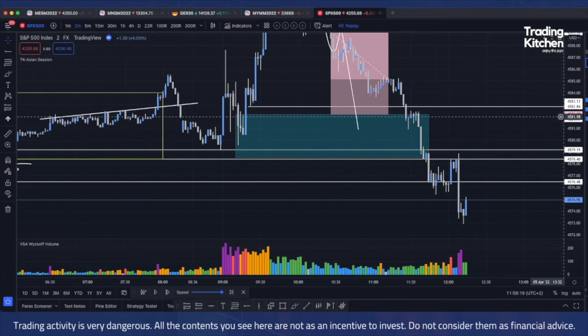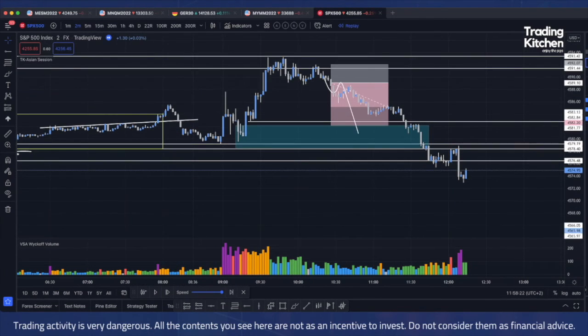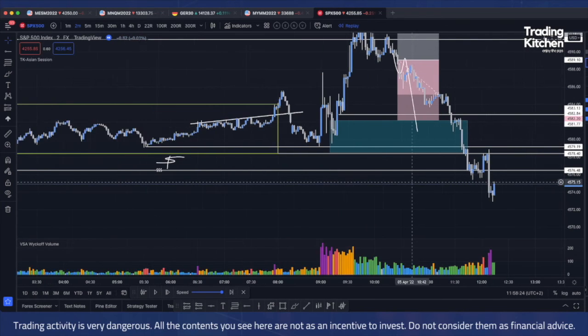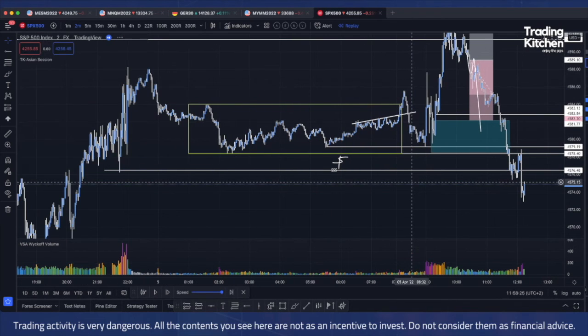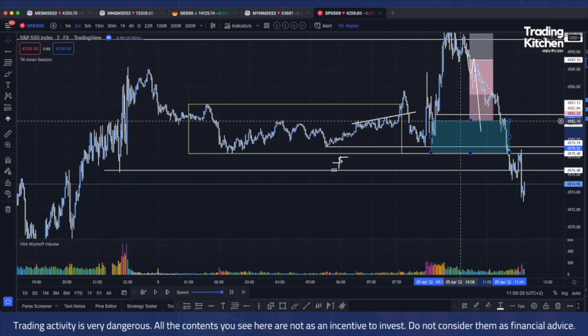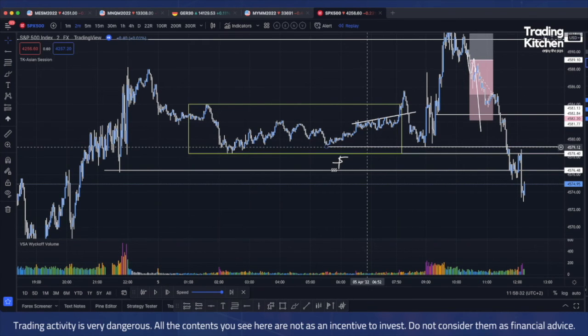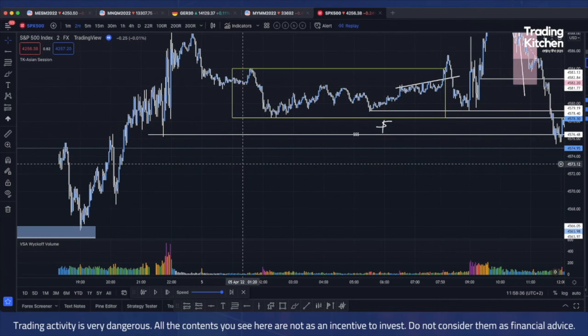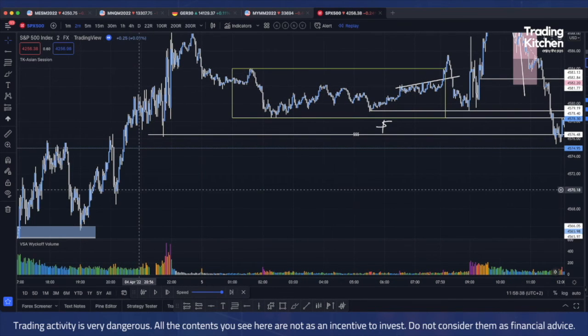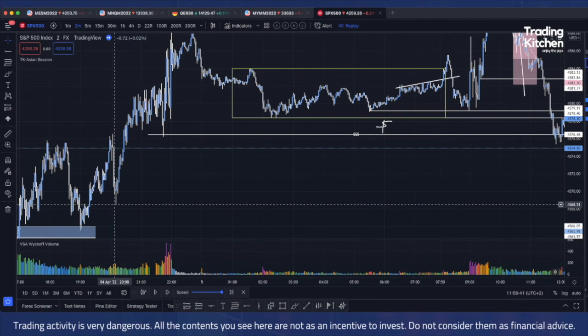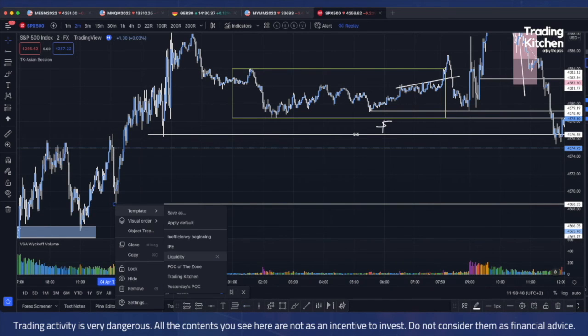Whoa. So price is going down. Price broke this volume zone, broke the lows of the Asian session, broke the support, and now is going to reach this liquidity pattern, this liquidity zone.